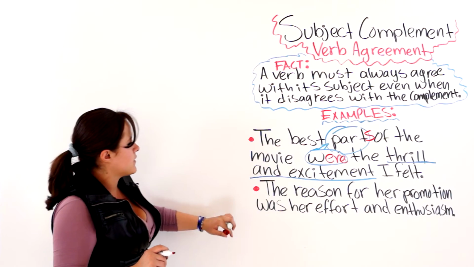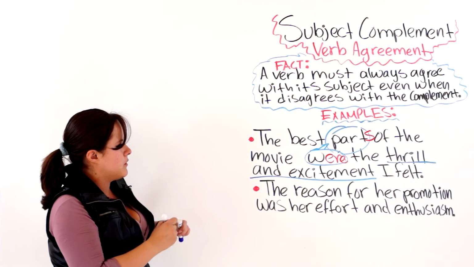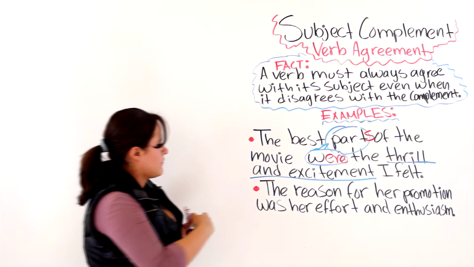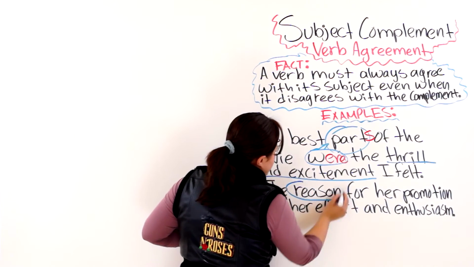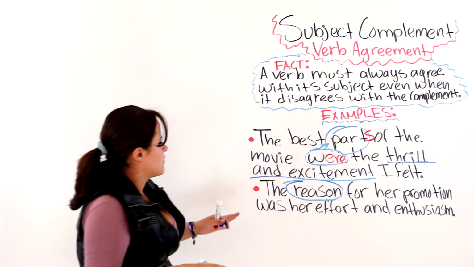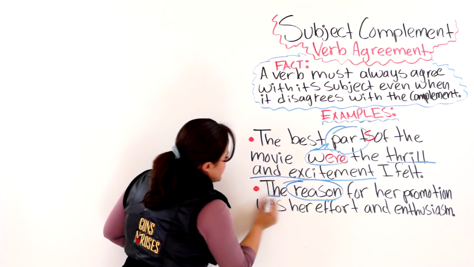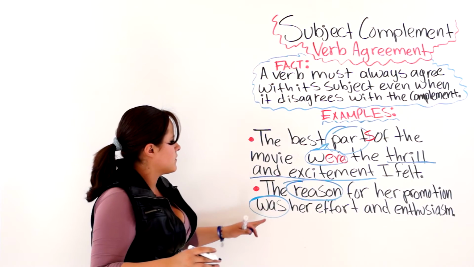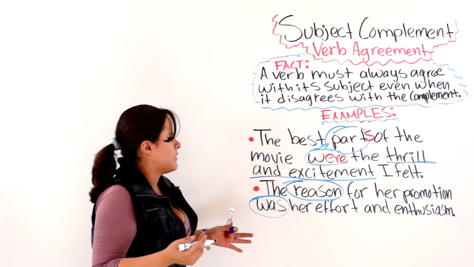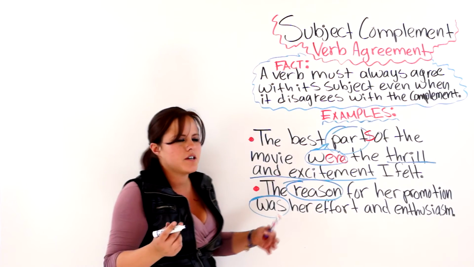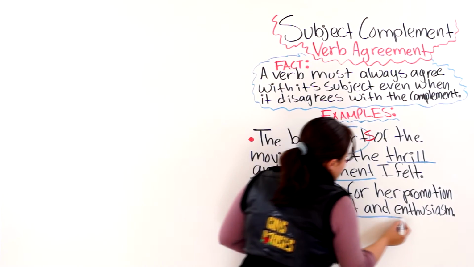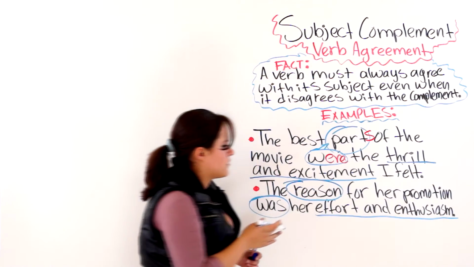All right? The next one says the reason for her promotion was effort and enthusiasm. Reason would be our subject here. Then we have the singular form of the verb be in past. We have a plural complement. We are talking about two things.